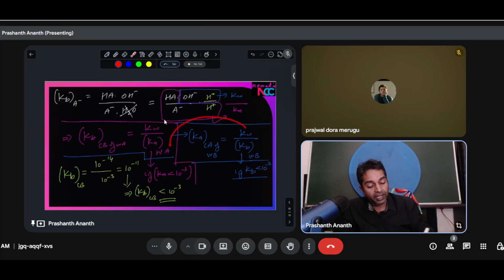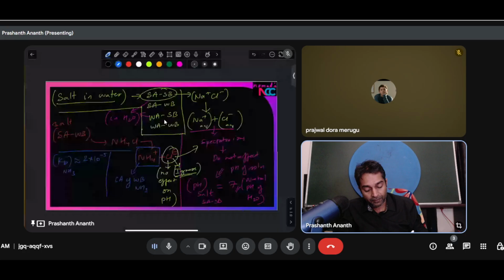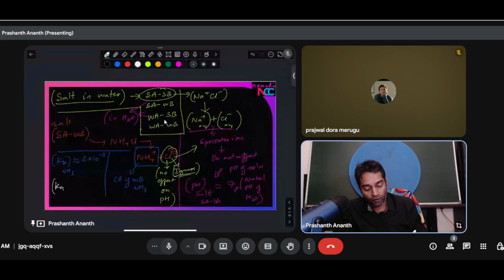Ka for the conjugate acid of a weak base is going to be Kw by Kb of the weak base. Kb of ammonia is known, so now I can extract out Ka for the conjugate acid.